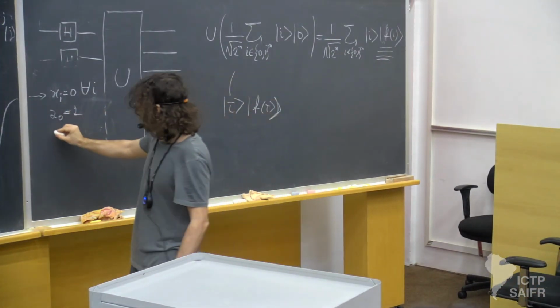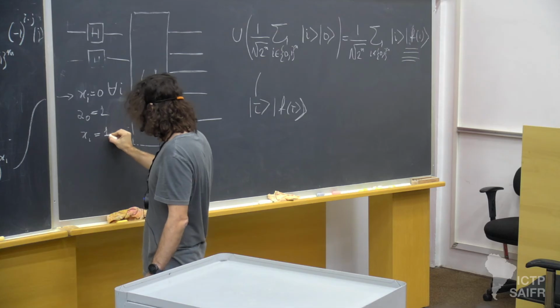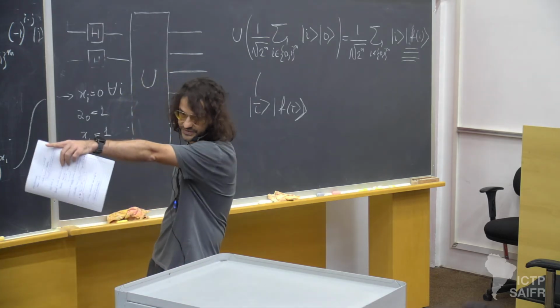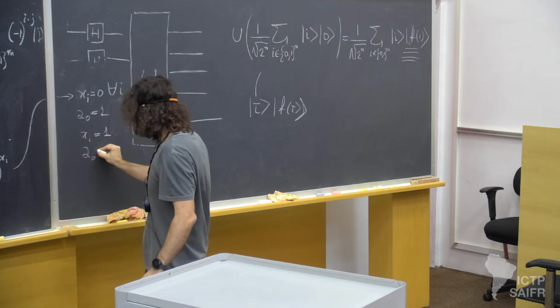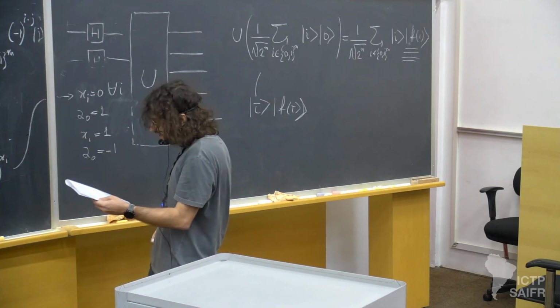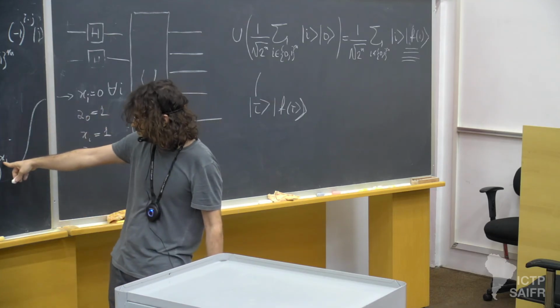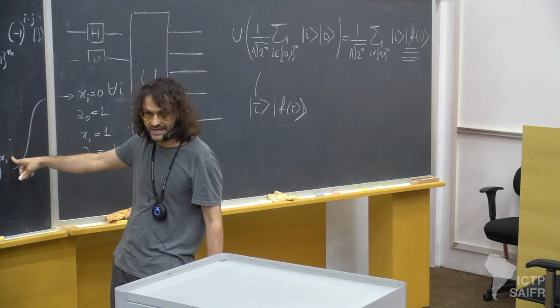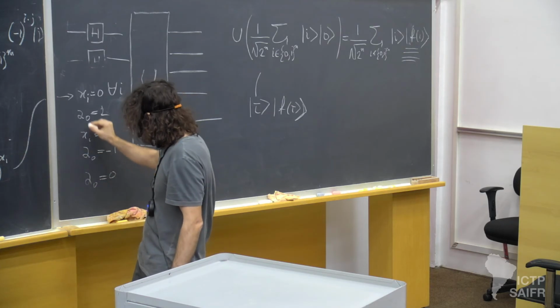Suppose now that x_i is equal to 1, all of them, which is one of the other cases. Alpha_0 becomes equal to minus 1. Yes. And now suppose that you have half 0 and half 1, alpha_0 becomes 0.